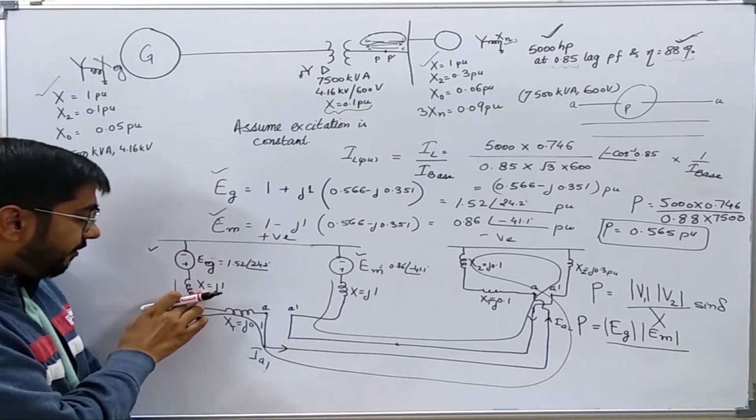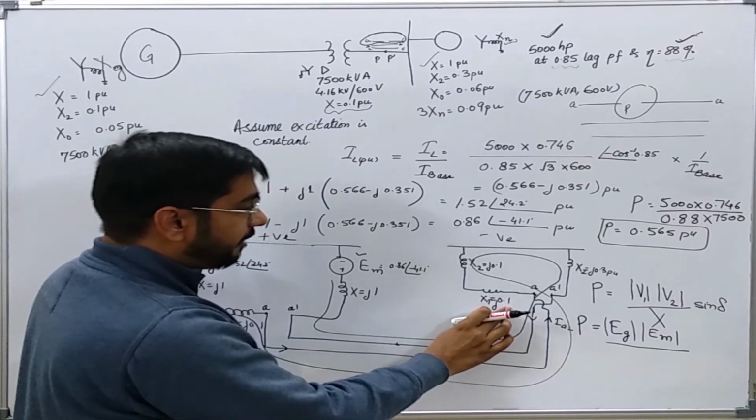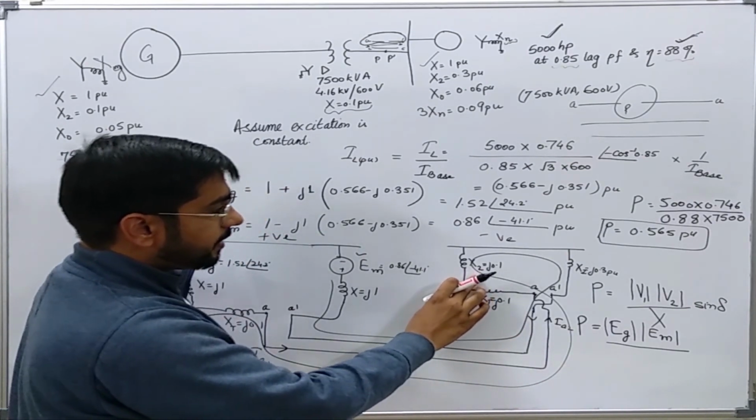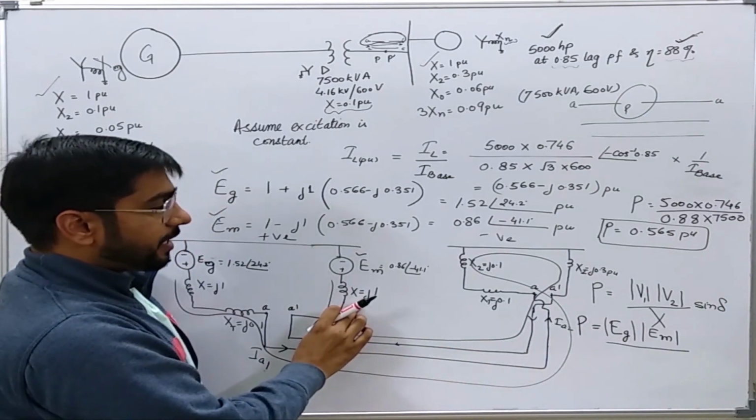That is j1 plus j0.1 plus j0.1 plus j0.1 plus j0.3 plus j1.